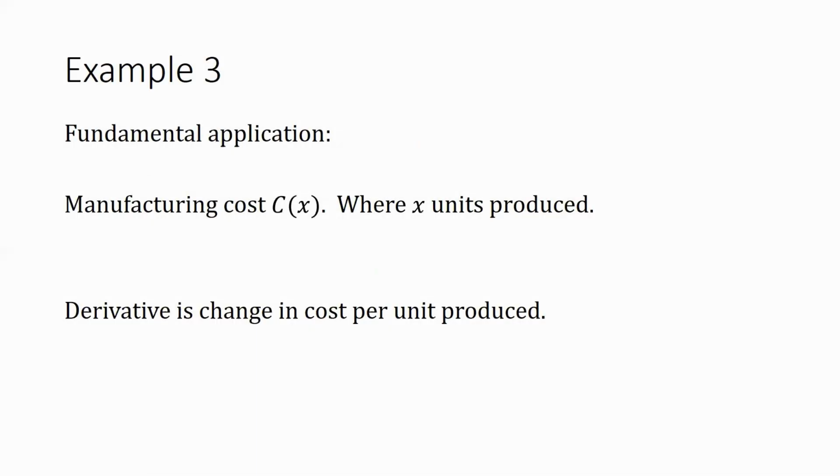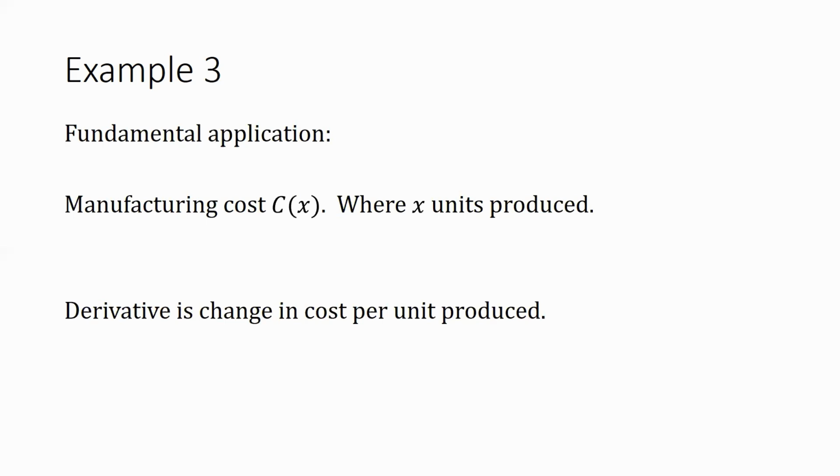Let's look at another application. This one comes up a lot when you're dealing with business or manufacturing. We let our function be the manufacturing cost, where x is going to be the number of units produced. Our derivative, therefore, is the change in cost per unit produced.